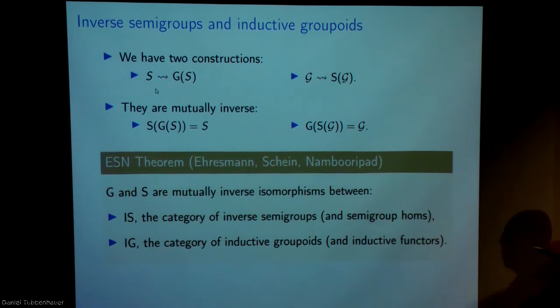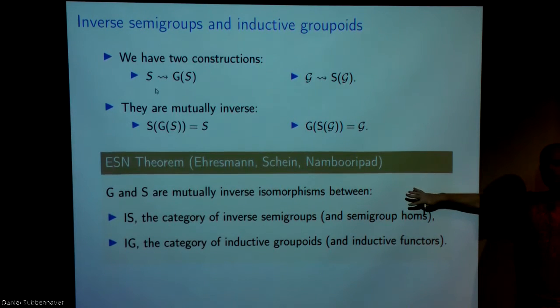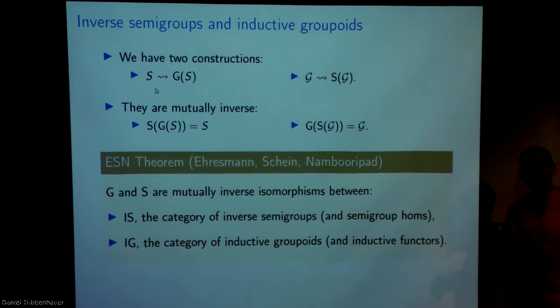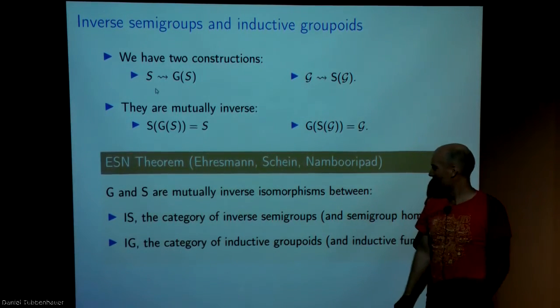And well, sometimes when semigroup theorists look at a result like this, they think semigroups are so easy. Why would you care if you can think of them as something crazy like a groupoid or something like that? But I know that in this room, no one's going to say, why would you want to categorify something?